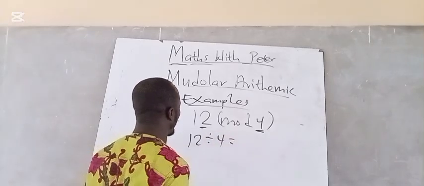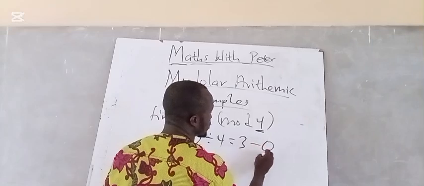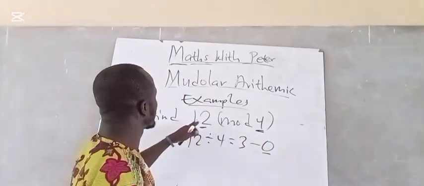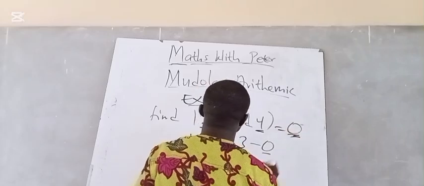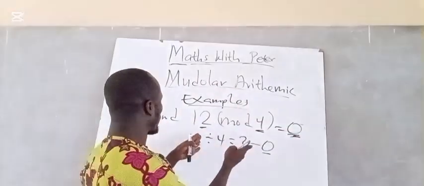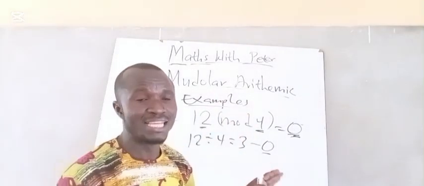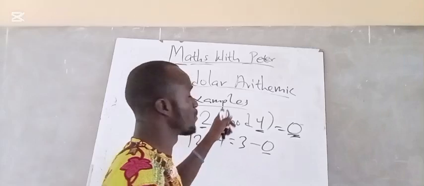So 12 divided by 4 will be 3. And the remainder, there's no remainder, 0. So 12 mod 4 is equal to 0, because 4 goes into 12 three times without a remainder. Hence we have 0 as our modulus for 12 mod 4.